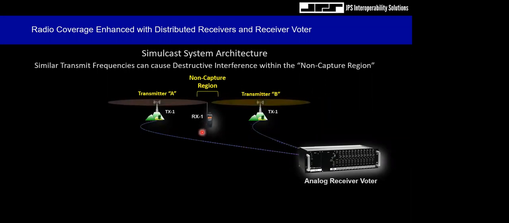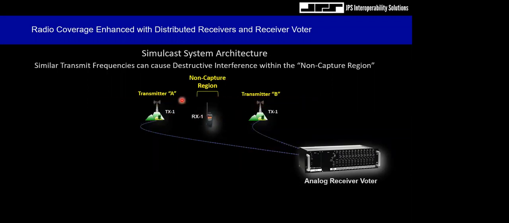FM receivers have what we call a capture ratio. And one thing I mentioned earlier about the nice thing about FM communications is if I create margin, or for instance, if I move my receiver closer to one transmitter, my receiver in my handheld will now begin to favor or capture or lock into, in this case, transmitter A, and suppress information coming from transmitter B.